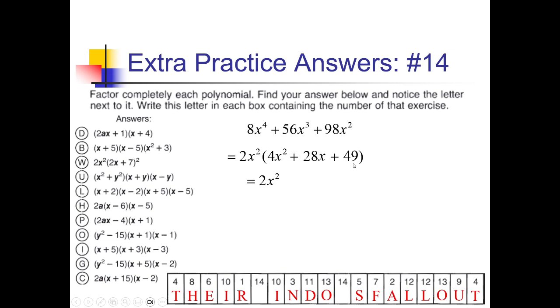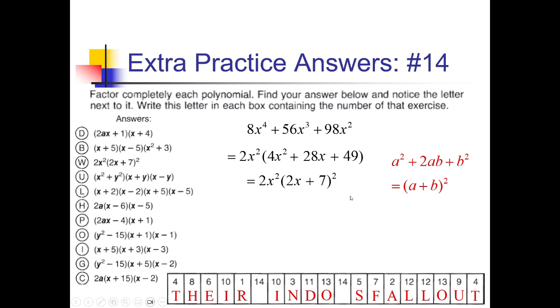However, I noticed that 4x squared and 49 are both perfect squares. So this might be one of those a plus b squared parentheses sorts of shortcuts that I can use. Let me try out this shortcut and see if this is actually what I'm dealing with. So the square root of 4x squared, that would be 2x. Square root of 49 is 7, and since my middle term is positive, I'm going to have a positive 7 in there, and then that would be a squared parentheses.